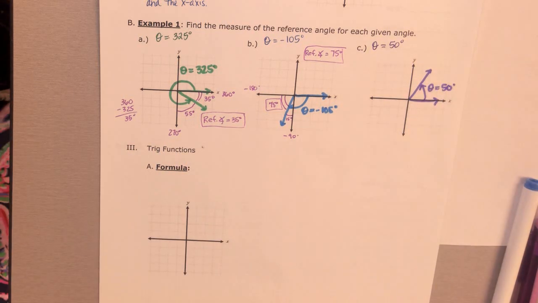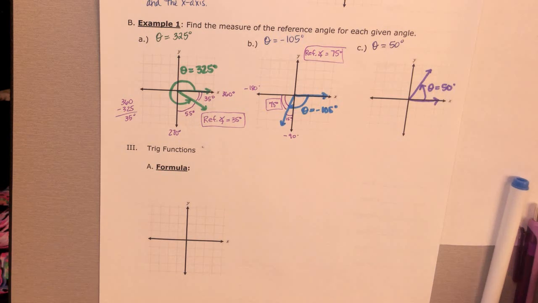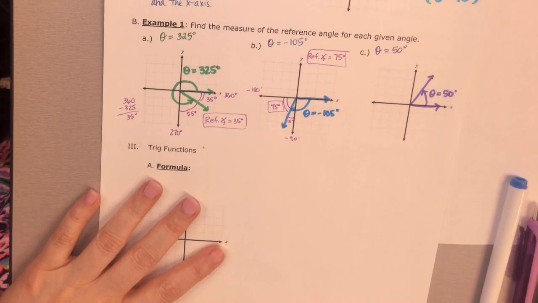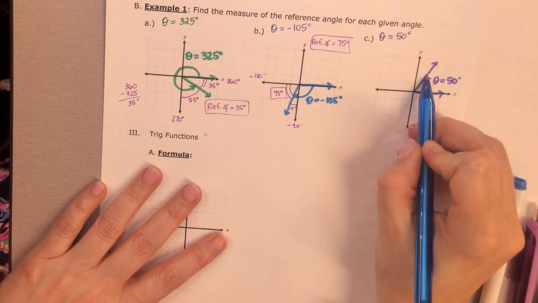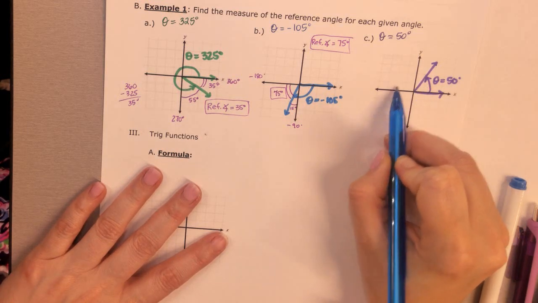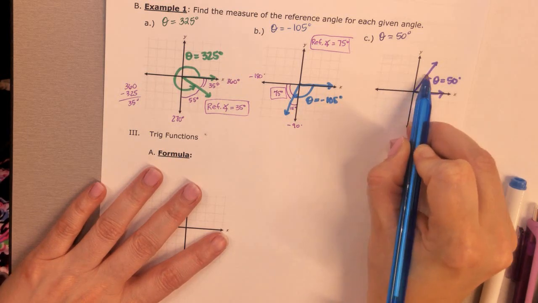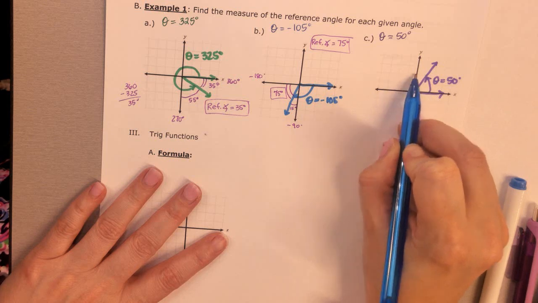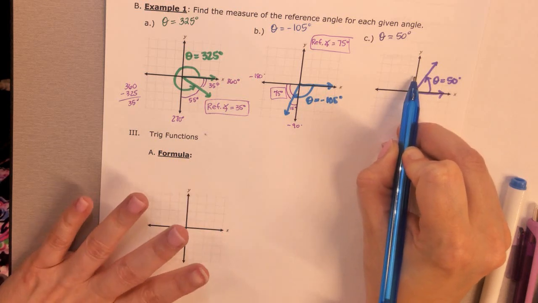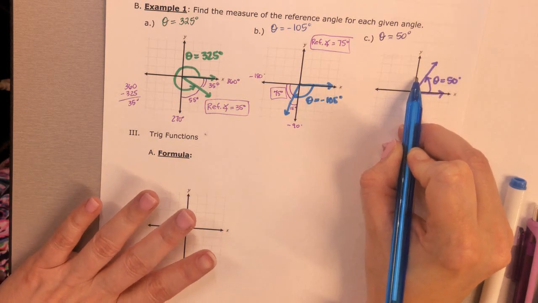When you're trying to find the reference angle, remember, it's always which direction is the shortest to the x-axis. If I go from here to here, is that going to be an acute angle? No, because it's greater than a quadrant. Each quadrant is 90. It cannot be bigger than a quadrant.